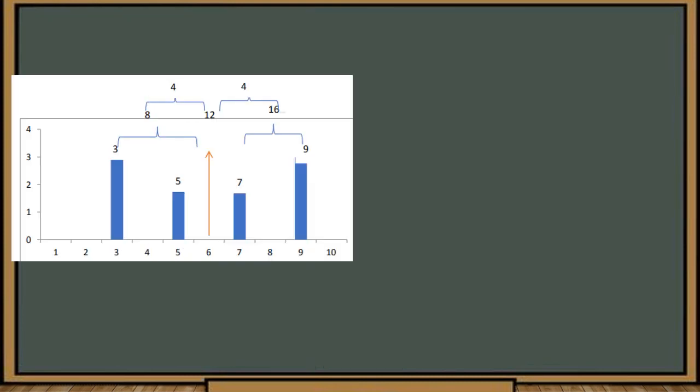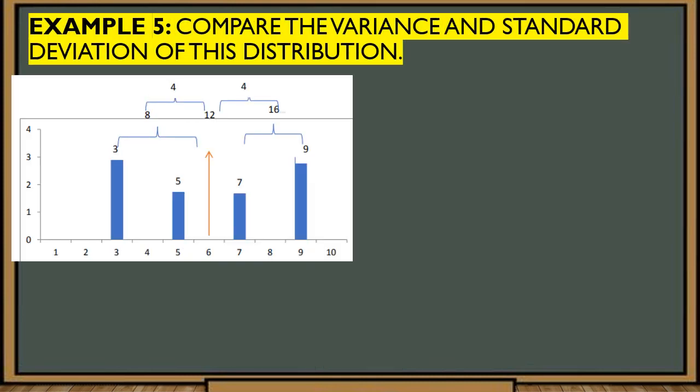So this time, we're going to compare the variance and standard deviation of the two distributions. So first, we have here, you will label this as letter A. To get the variance, of course, we first look for the mean. If you have noticed, the values are symmetrical on the x-axis, so we can easily determine the mean, which is the center, or the middle, which is 6.